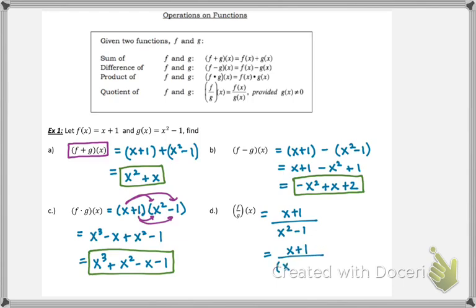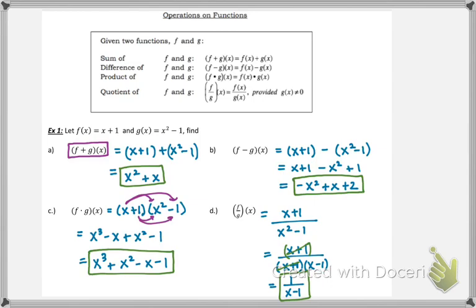That's a difference of two squares. It factors out to x minus 1 and x plus 1, in which case we can cancel out a factor of x plus 1 on the numerator and denominator, and we're going to simplify this new function into just 1 over x minus 1.